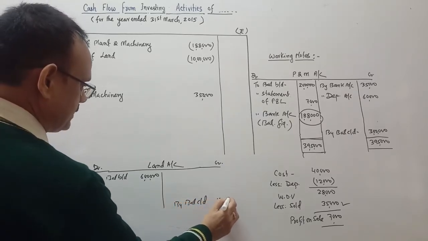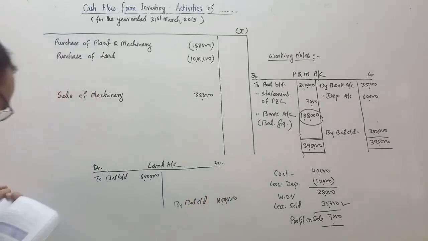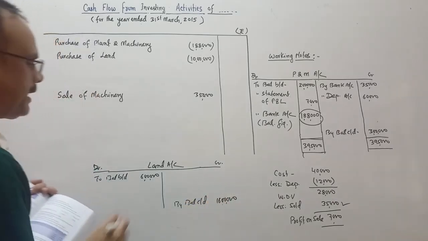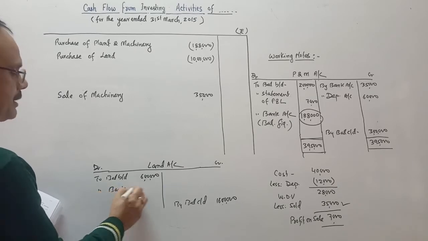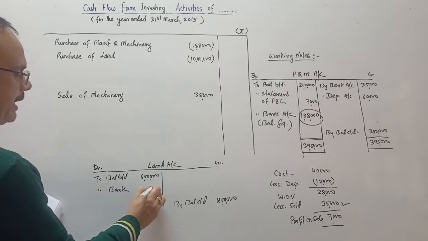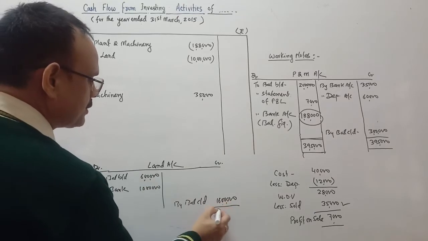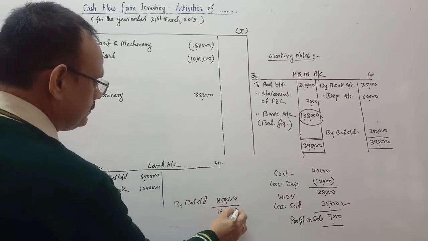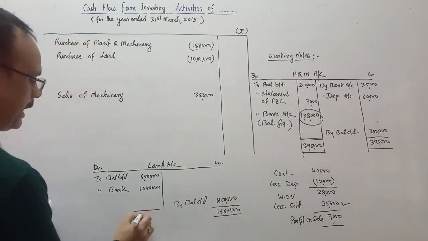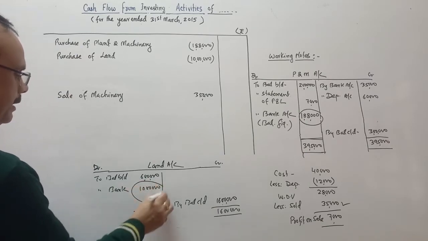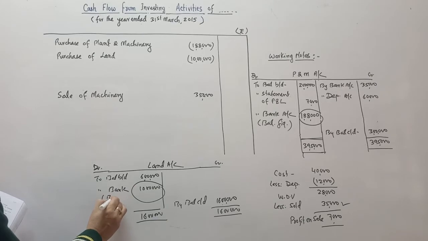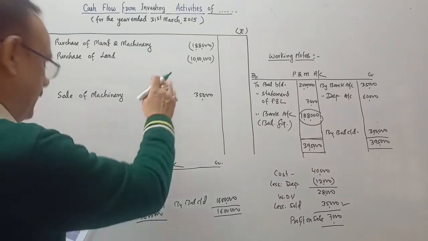No other information is given regarding this land, so the difference indicates the purchase of land, the balancing figure. Is it clear? Balancing figure 10 lakhs.